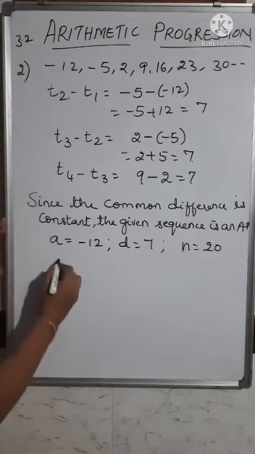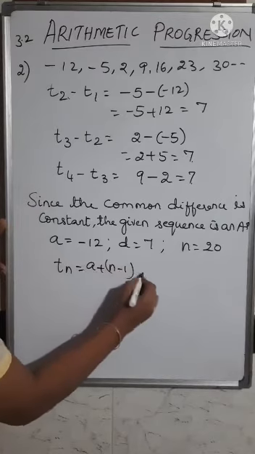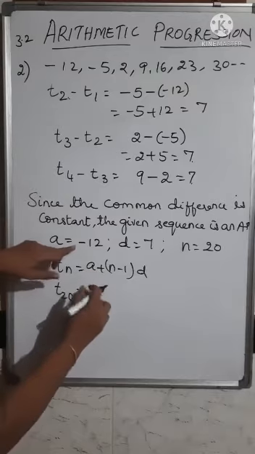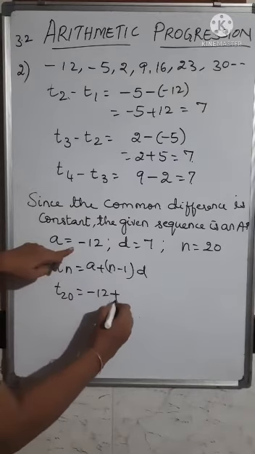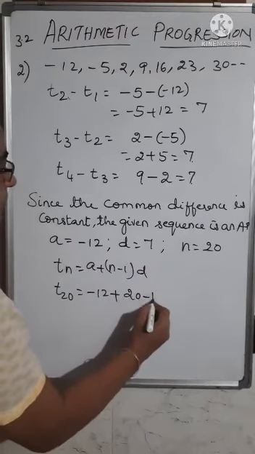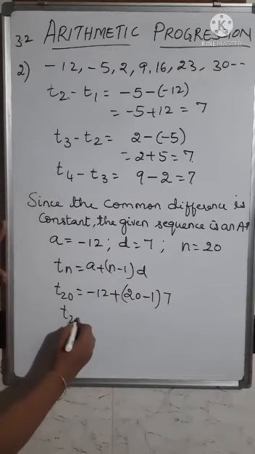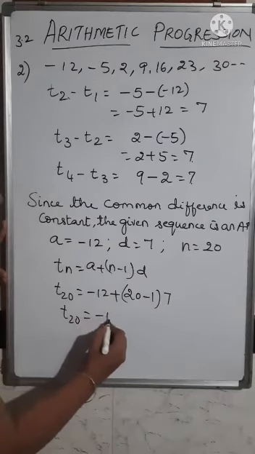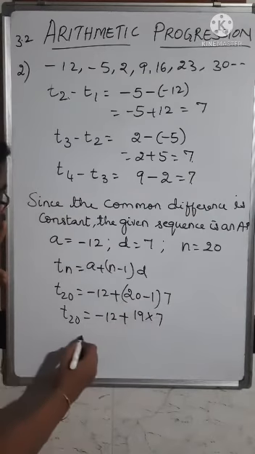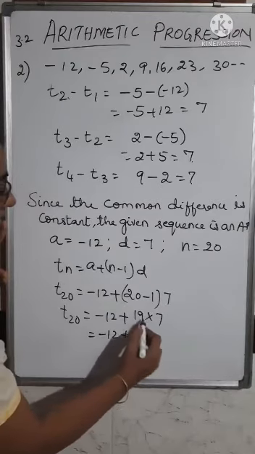After writing down all this, we will write the formula Tn is equal to A plus N minus 1 into D. So T20 will be equal to A value minus 12 plus N is equal to 20 minus 1 and D value is equal to 7. So you get T20 is equal to minus 12 plus 19 into 7.